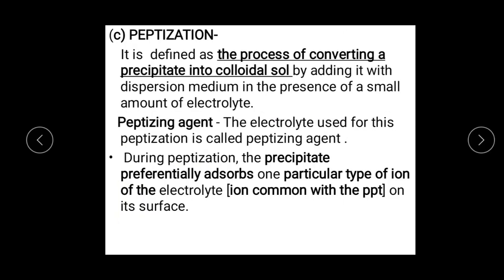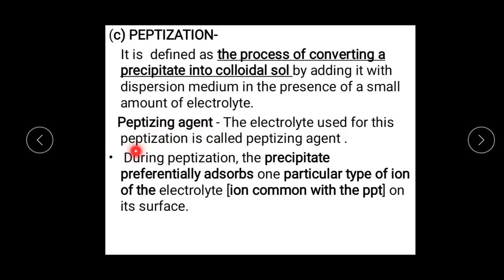Now we move on to the next method, that is peptization. Peptization is the process of converting a precipitate into a colloidal sol. You are all aware of the word precipitate; we are going to convert it into a colloidal sol, and that process is called peptization. For this peptization, we require a peptizing agent, and the electrolyte which is used for peptization is called the peptizing agent.